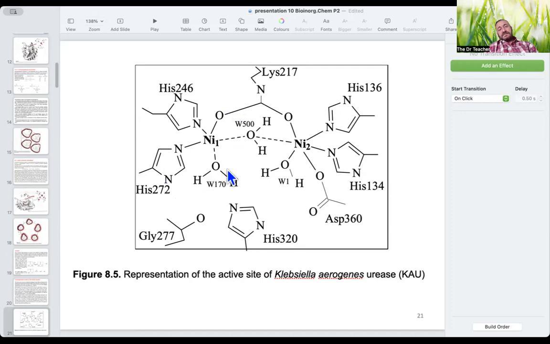Here, the center is penta-coordinated. Here is octahedral, or 6-coordination, of the second metal center. So 5 by 6. This is the representation of the active site of the Klebsiella aerogenes urease.